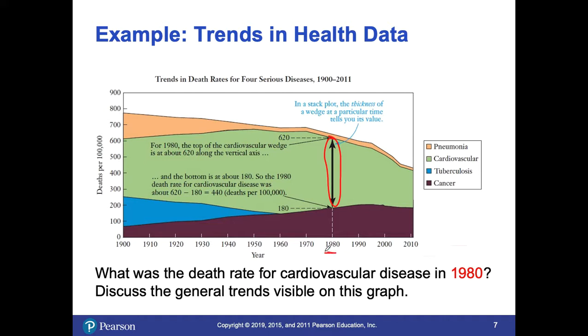So in 1980, we go from 620 down to 180. And we're talking about the difference between people with cardiovascular disease versus people who have cancer. And the question we have down here is, what was the death rate for cardiovascular disease in 1980?